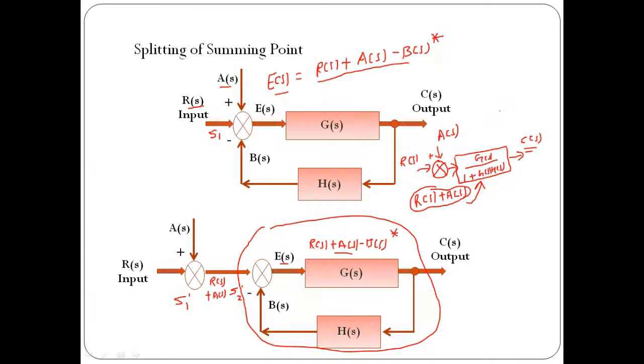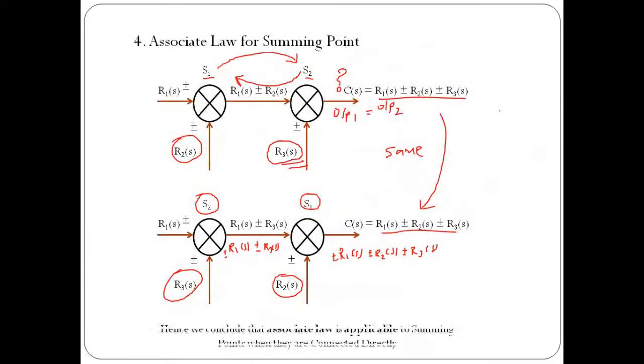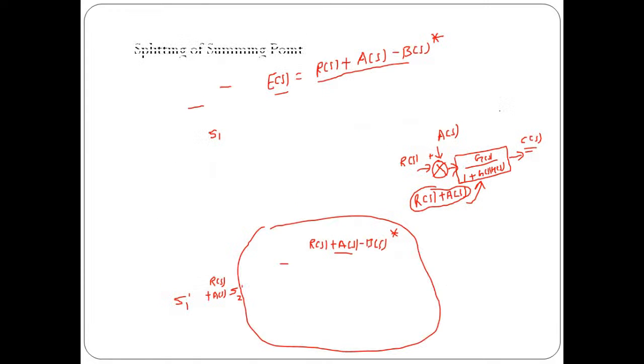That is important. So ultimately, you should know that the associative law is applicable for summing points. That means if we have two or more summing points connected directly back to back, without any further block or takeoff point in between them, then it is possible to apply the associative law, and to swap the position of the summing points.